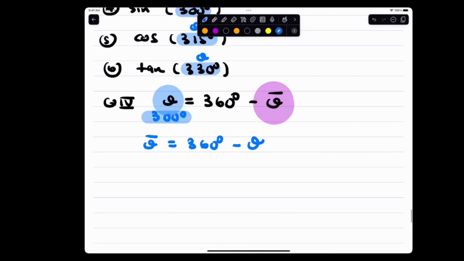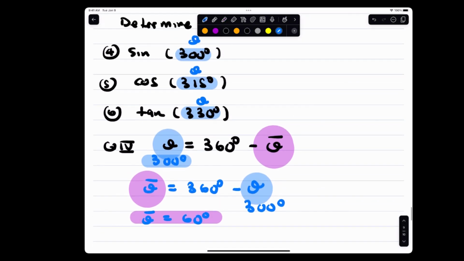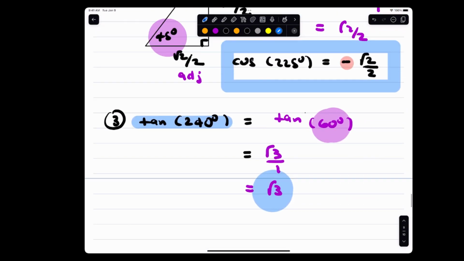So my reference angle, algebraically speaking, since they gave me 300 degrees, I just have to know, what is 360 minus 300? Is that 60 degrees? 60 degrees. Okay, so you go, oh, that reference is 60 degrees.